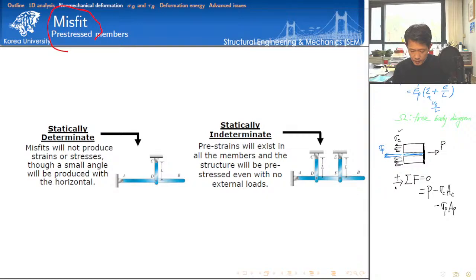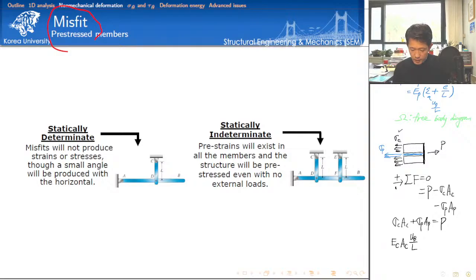So sigma C, if I rewrite, sigma P AP is equal to the applied load P. This is the elastic modulus of concrete, the area of concrete, times the total strain, so UB divided by the length.